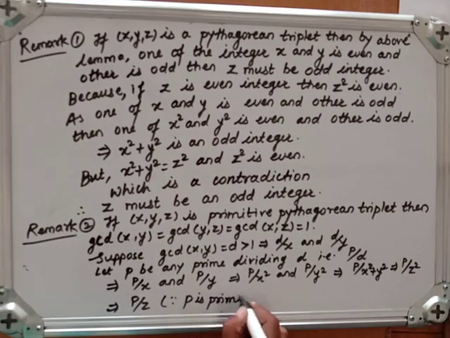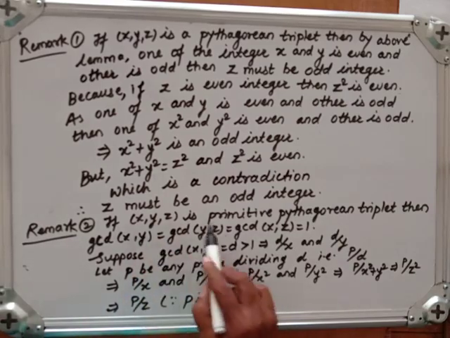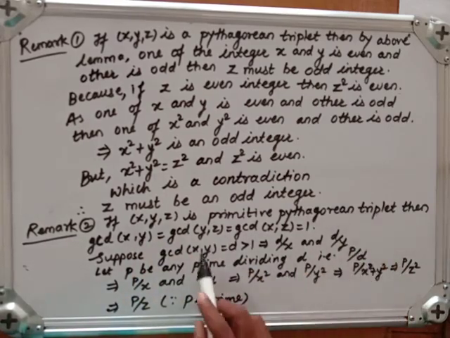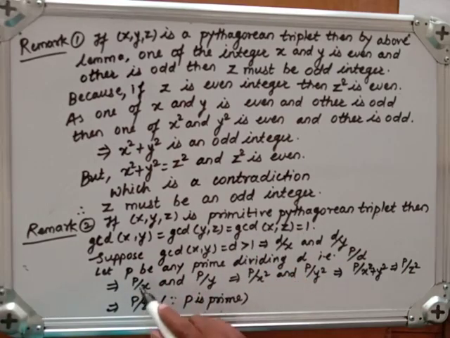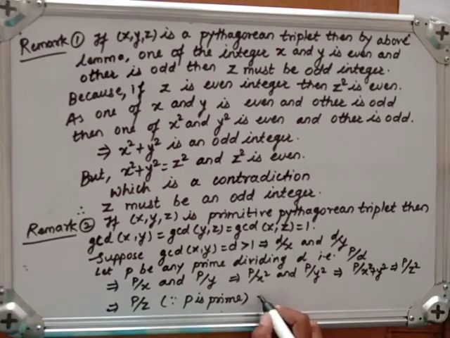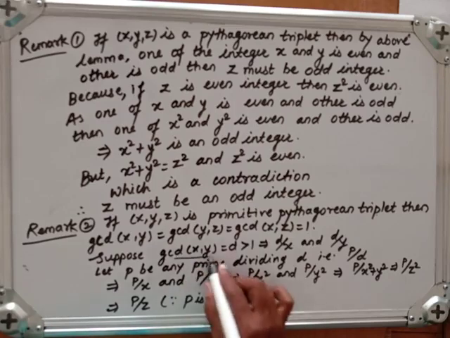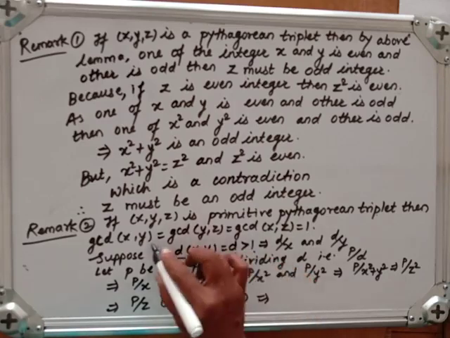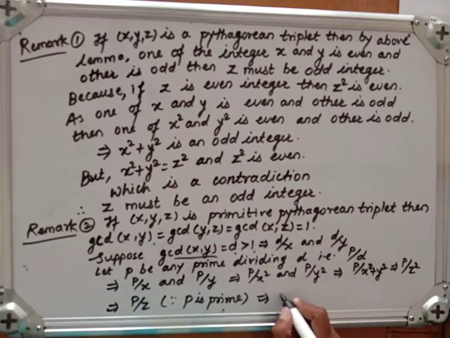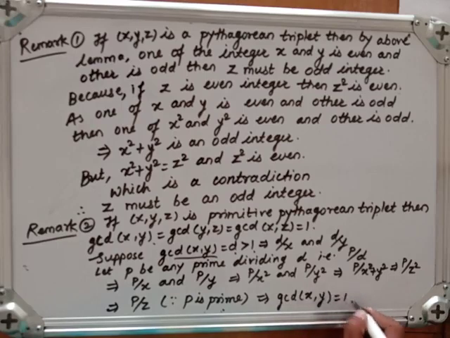But it is given that x, y, z is a primitive Pythagorean triplet, so their GCD should be 1. If p divides z, p divides x, p divides y, and p is not 1, their GCD will become p in that case. So this is a contradiction. That's why GCD of x, y won't be d greater than 1, it will be 1 only.